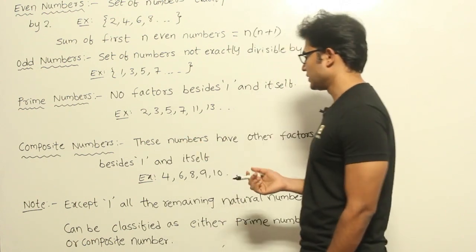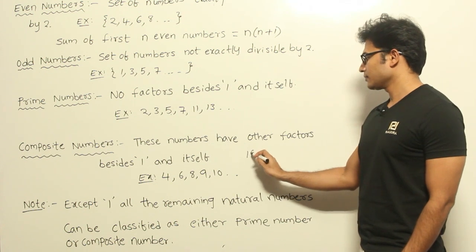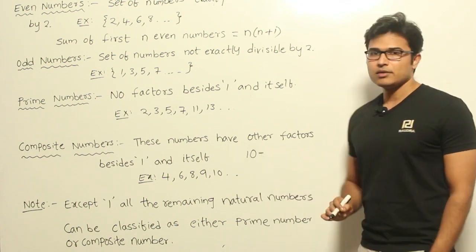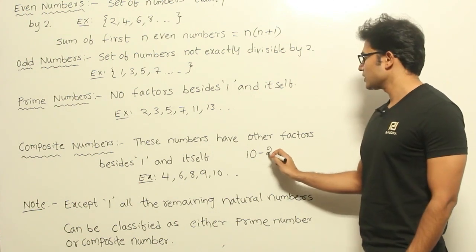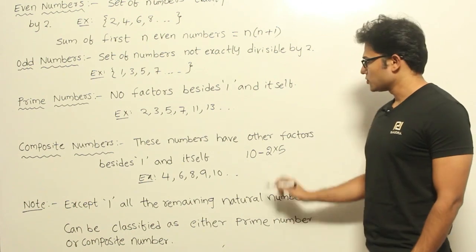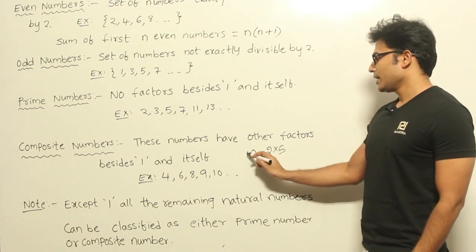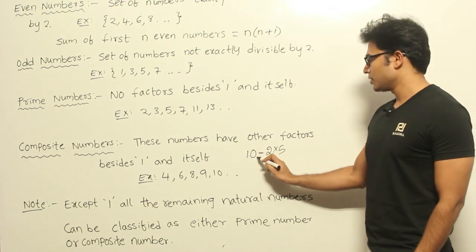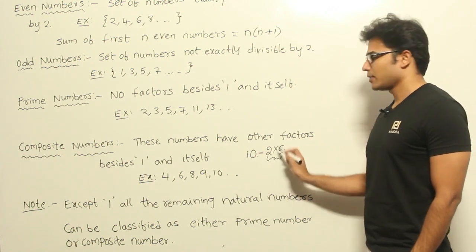So if you have a number 10, it is a composite number, it can be written as a product of many prime numbers, which means it could be written as 2 into 5. This is called prime factorization, right? So the prime factorization method is that every composite number can be written as a product of prime numbers.